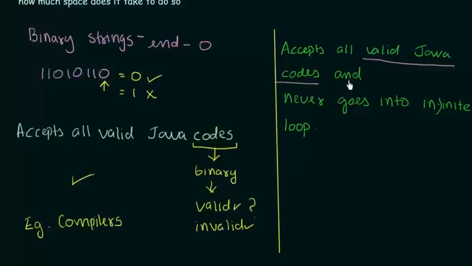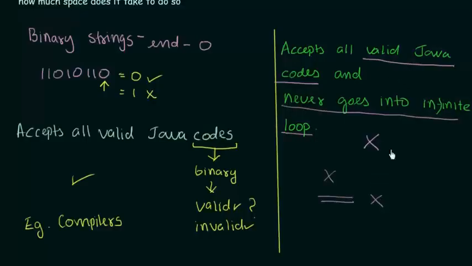But we have one more condition here: it never goes into an infinite loop. Can I design a system that never allows my code to go into an infinite loop? The answer to this is no. I can never design a system that performs this task. Even if you design it, you would either get the wrong output or it could run forever and give you no output at all.